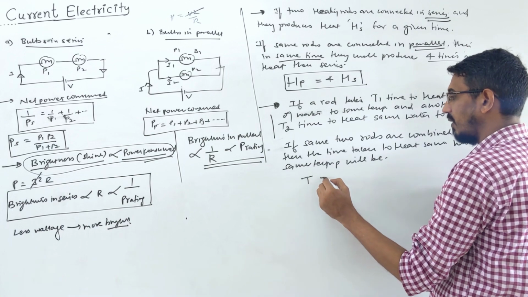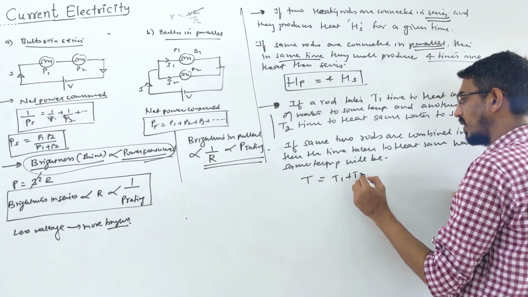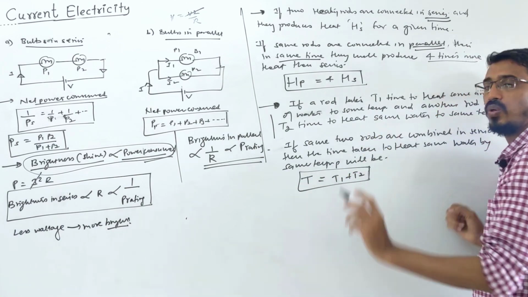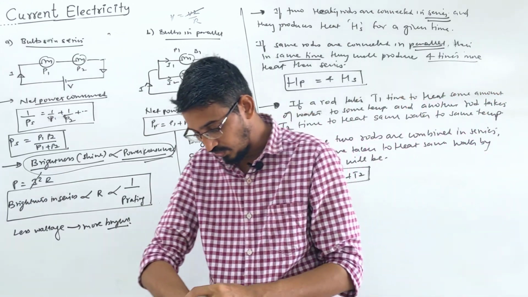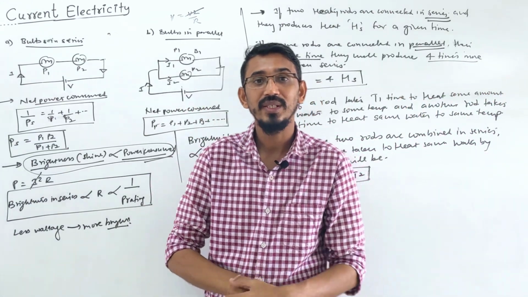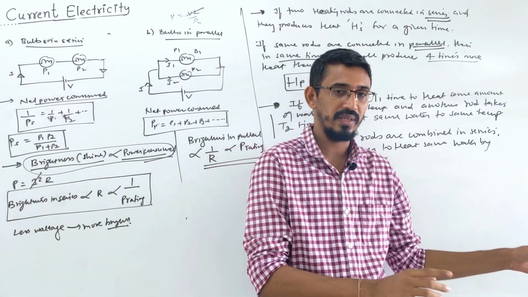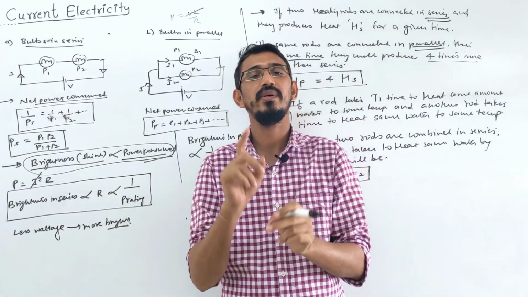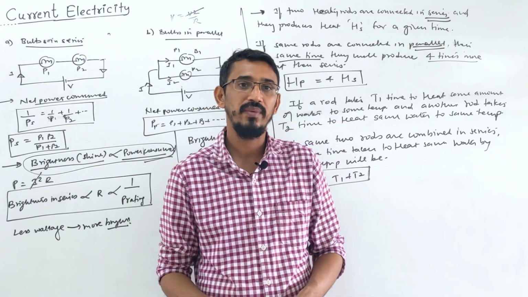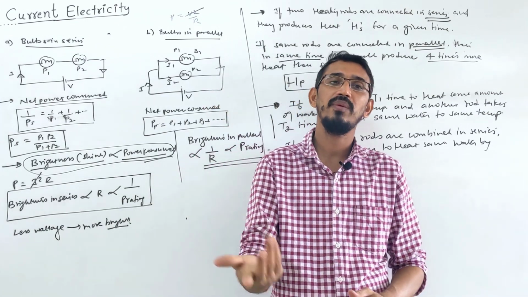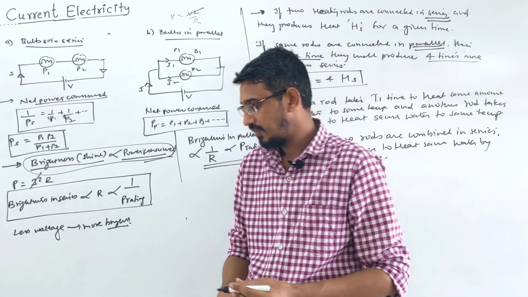T total will be equal to T1 plus T2. It will take even more time to heat the water, so it's not good. One rod takes T1 time, like 10 minutes, another rod takes 15 minutes. If you put these two rods together in series, they will take 10 plus 15 minutes, 25 minutes. So it's not good.